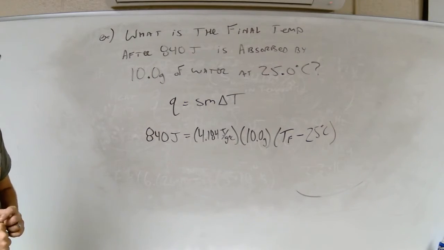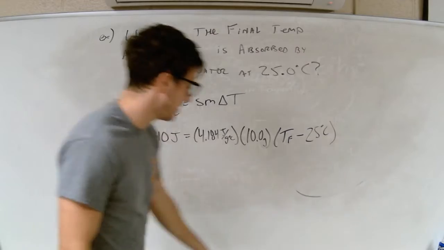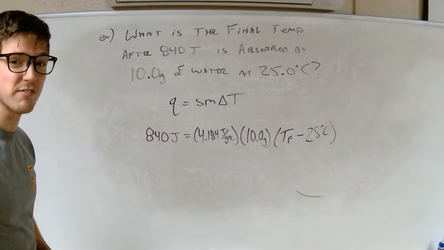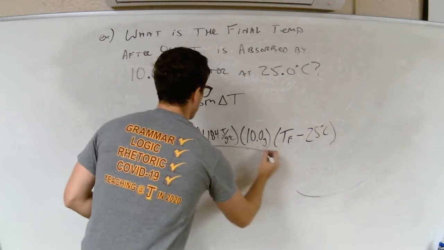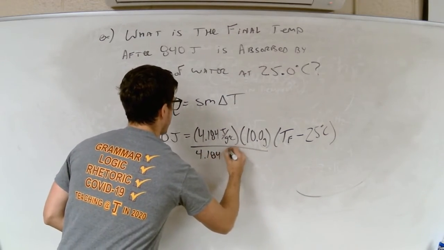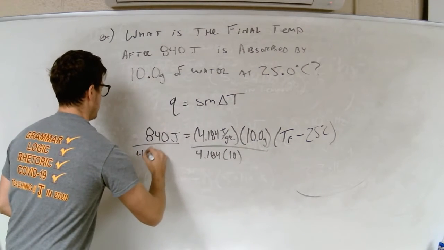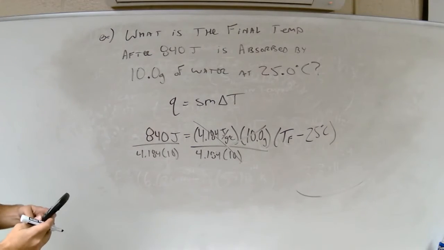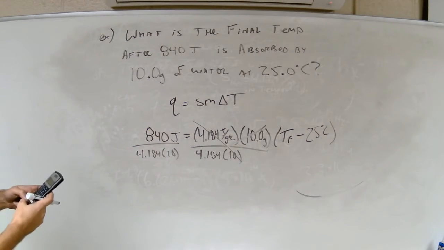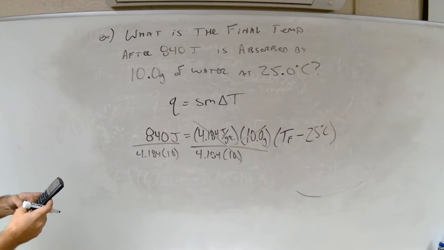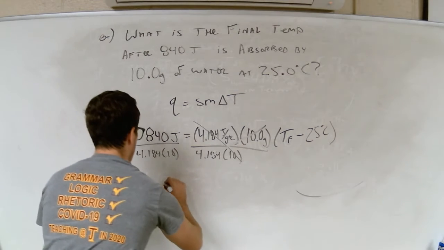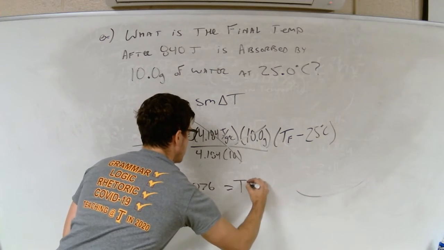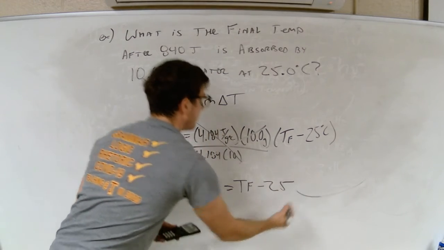Now it's just a little bit of algebra to help us solve this. Let's go ahead and get everything by itself that we can. So it looks like we can get TF minus 25 degrees Celsius by itself. So let's divide by 4.184 and 10 on both sides. Okay, 840 divided by 4.184 times 10 equals, I got 20.076 equals TF minus 25, right?